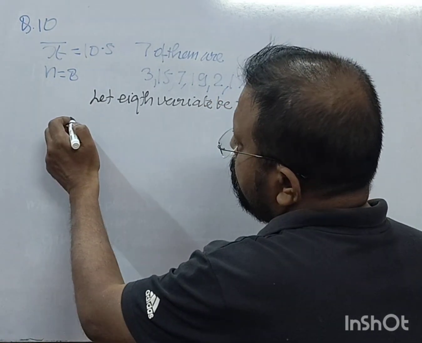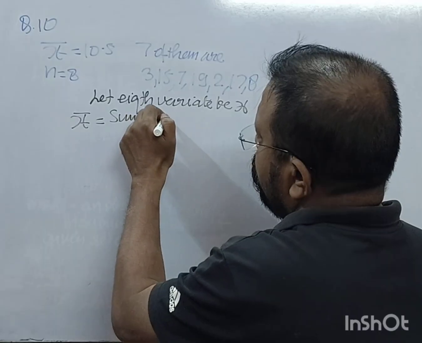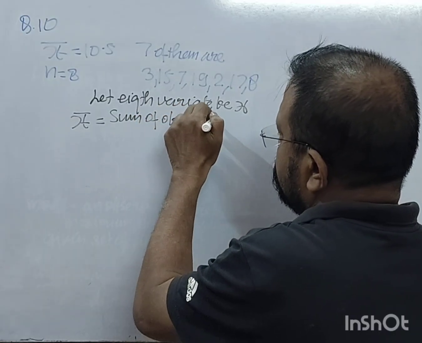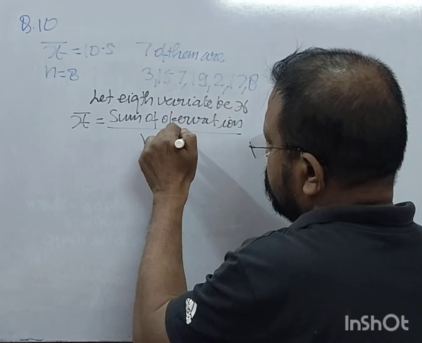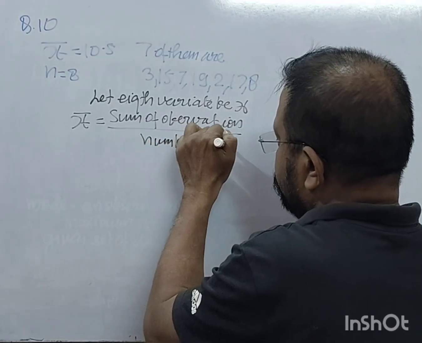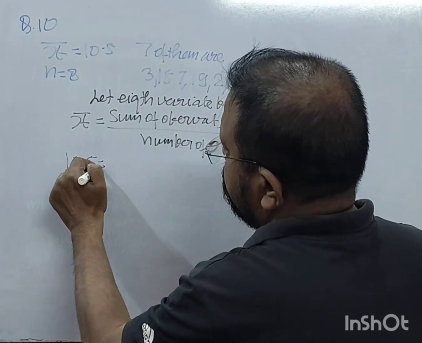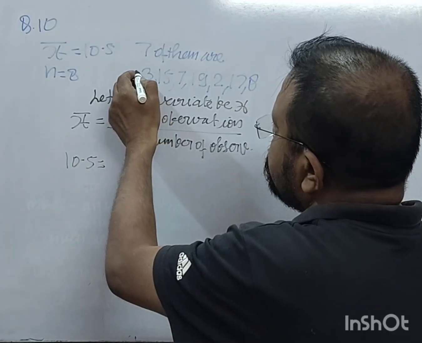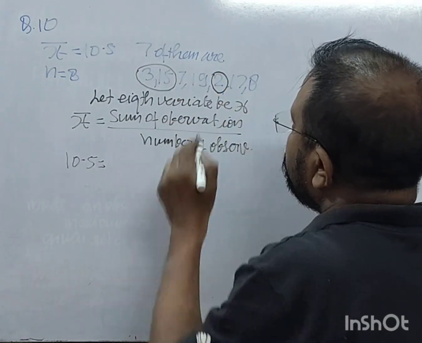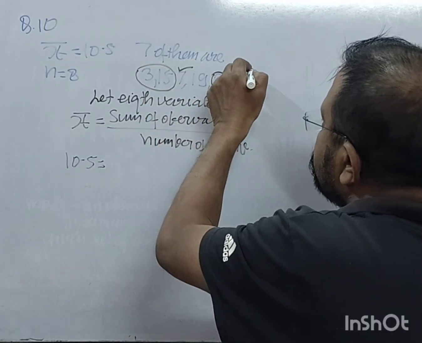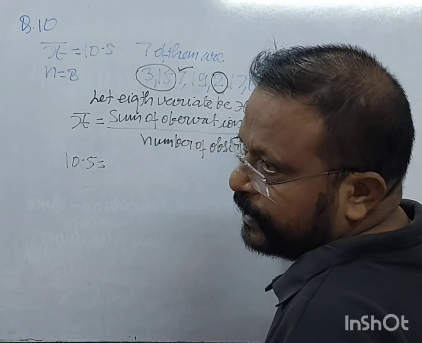Right? So mean is equal to sum of observation upon number of observation. अब mean is 10.5 and sum is: 15 plus 3 becomes 18, 18 plus 2 becomes 20, 7 plus 8 becomes 15, right?